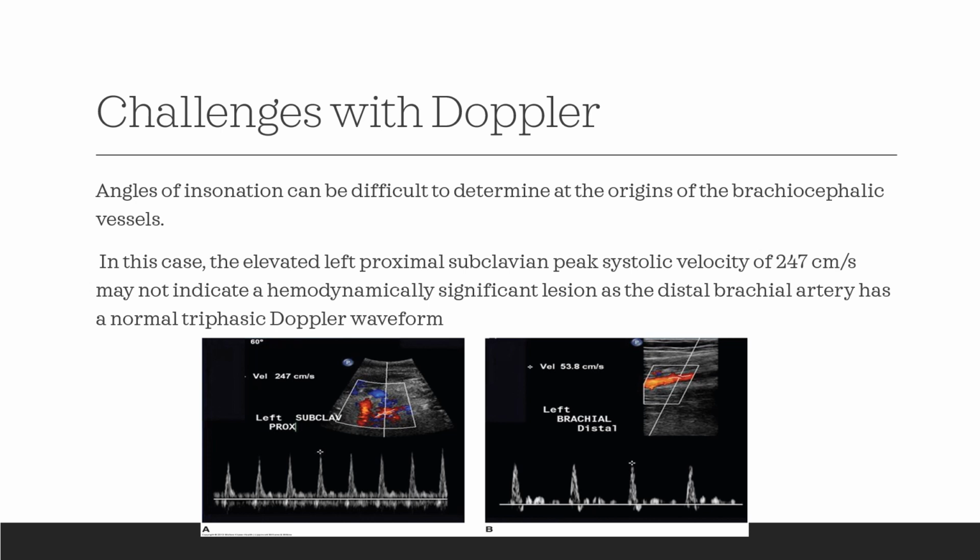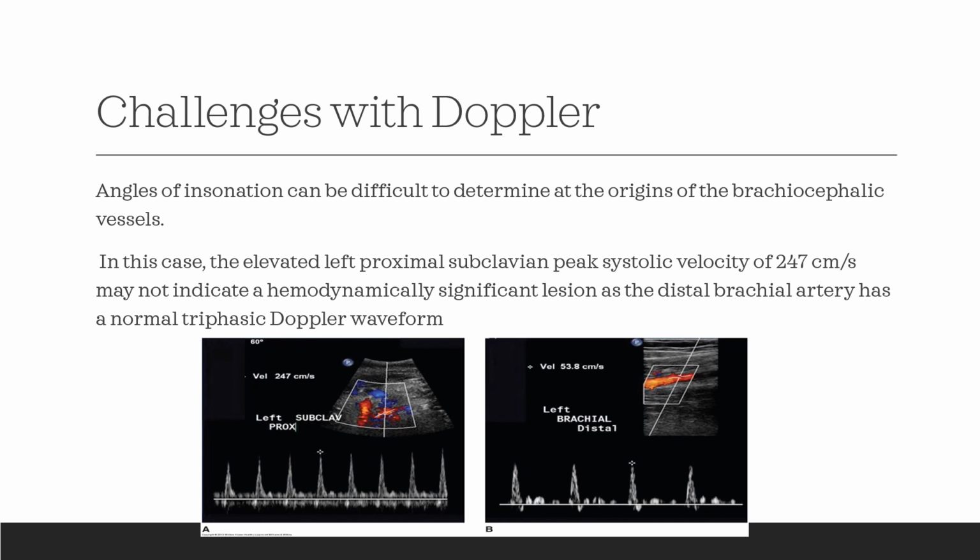Some of the challenges with Doppler in the upper extremity is getting appropriate angles of insonation, especially at the proximal arteries. They're close to the heart, under some of the ribs, under the clavicles, and it can be very difficult to access those and get appropriate angles because you have such a lack of mobility in that area.